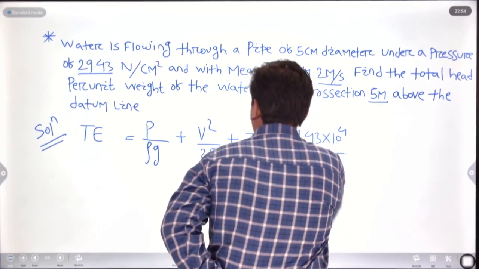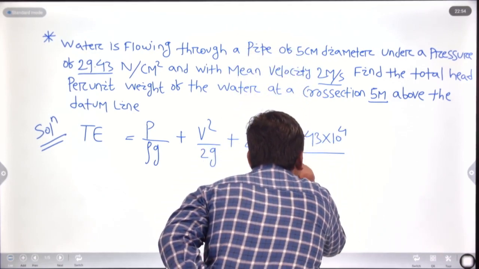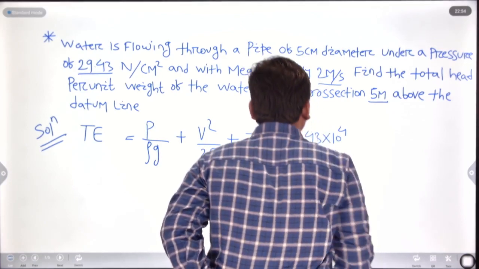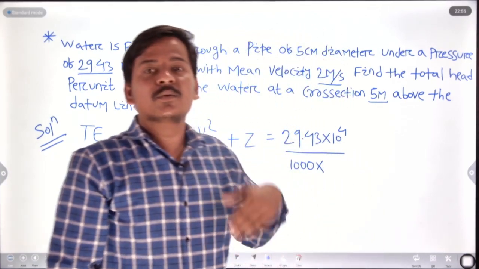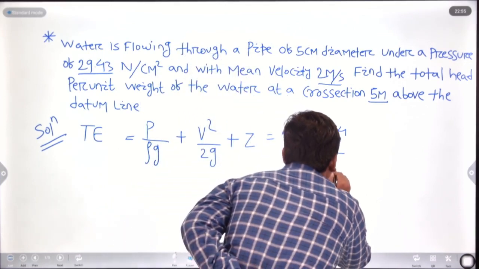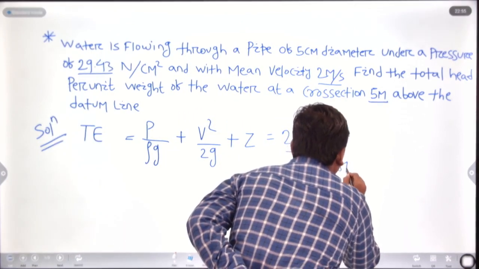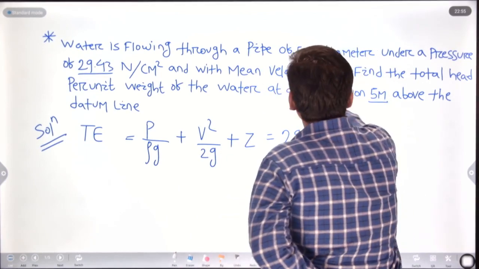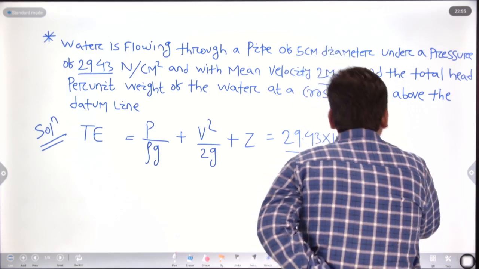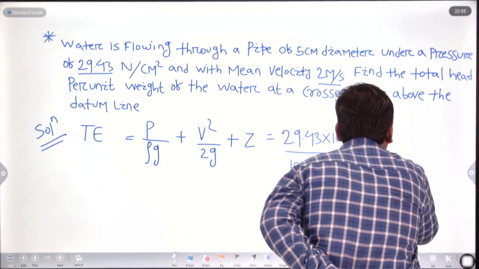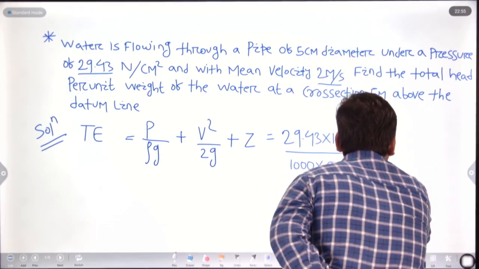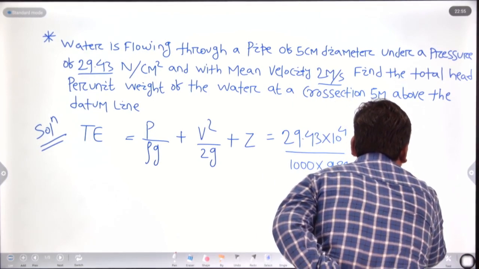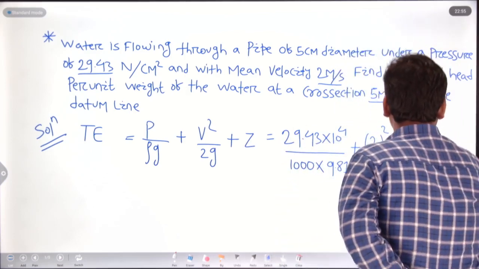We know that the density for water is 1000. G, the acceleration due to gravity, is 9.81. Here the mean velocity given is 2 meter per second, so 2 squared divided by 2 into 9.81. The datum head is 5 meters.